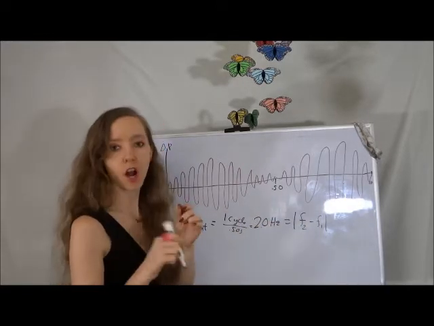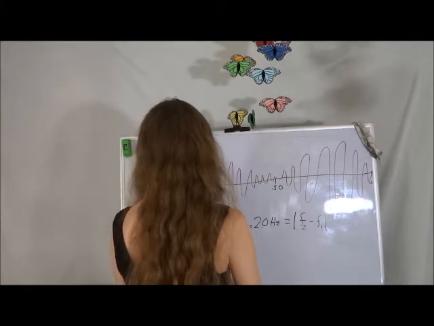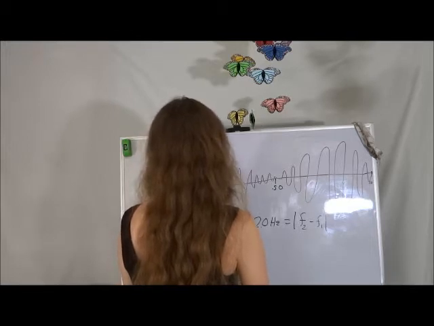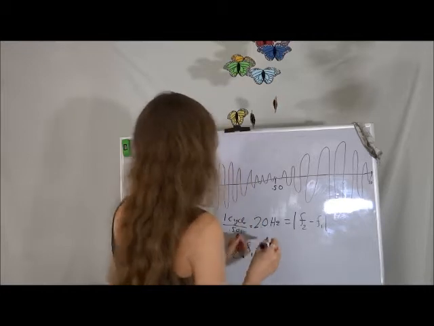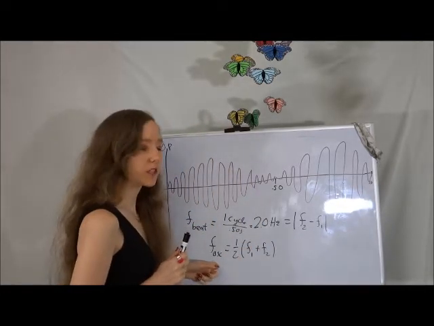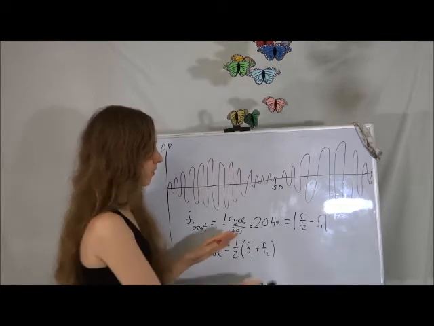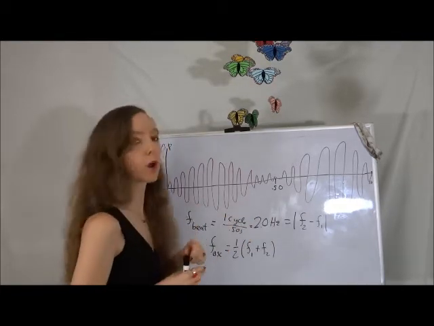Remember that our oscillatory frequency, F sub OSC, is equal to 1/2 times F1 plus F2. If we can figure out what our oscillatory frequency is, then we can use the system of equations to solve and figure out what F1 and F2 are.